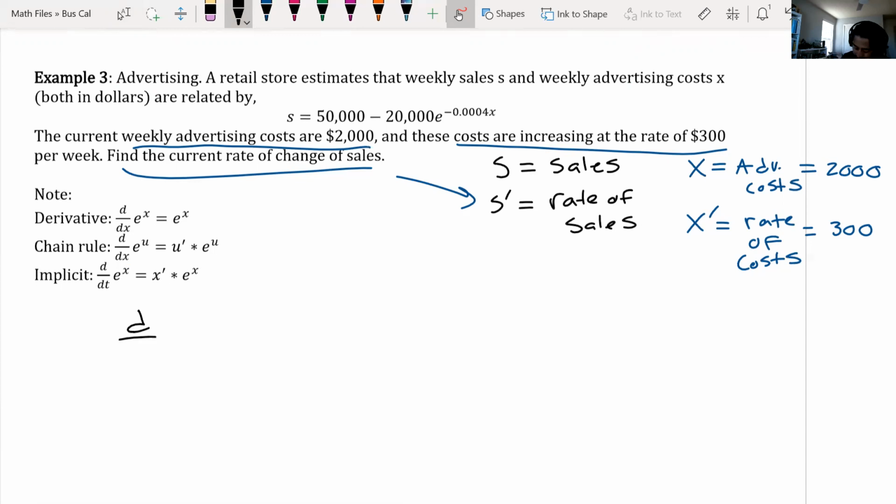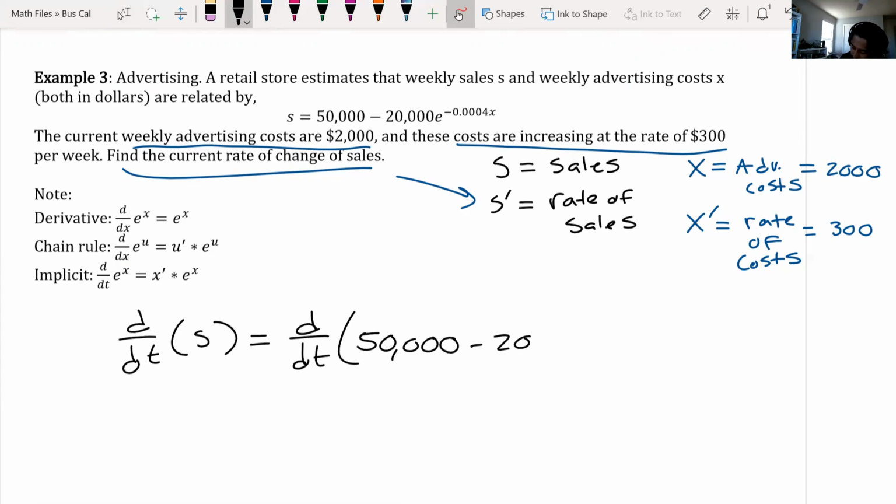So we're going to say d over dt of S equals d over dt of 50,000 minus 20,000 e to the negative 0.0004x. All right, one part's easy. d over dt of S is S prime.